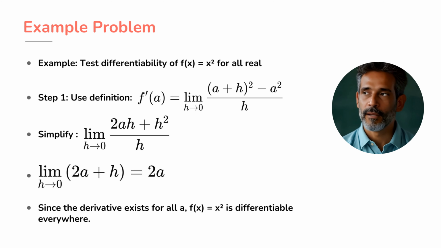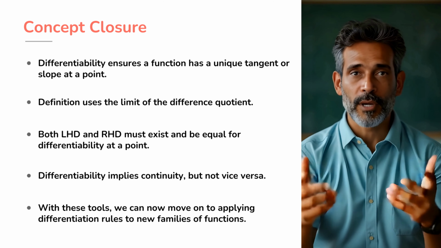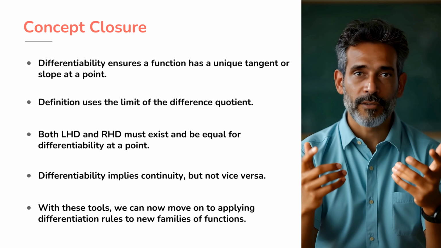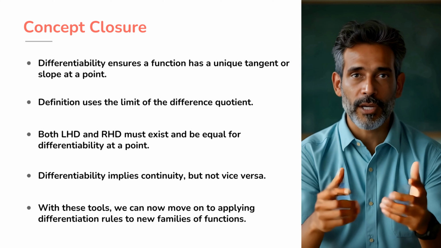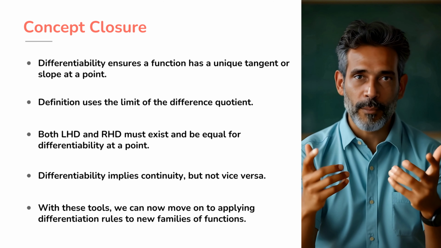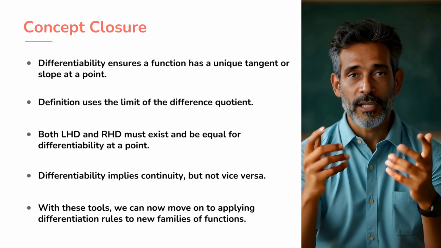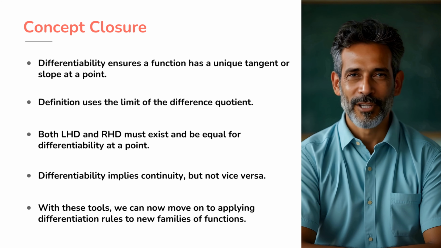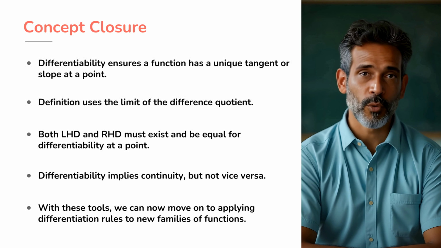Let's wrap up our discussion on differentiability. We began by defining it as the existence of a well-defined tangent or slope at a point. We saw the mathematical definition using the difference quotient, and we introduced left-hand and right-hand derivatives to ensure uniqueness of slope.